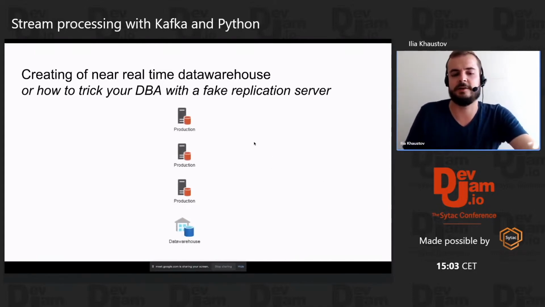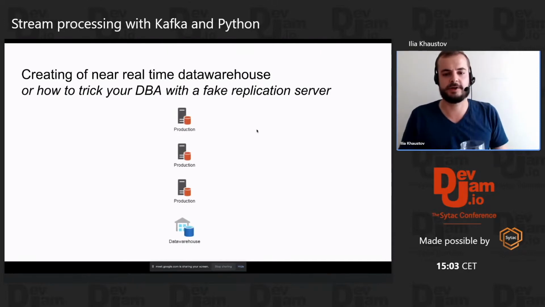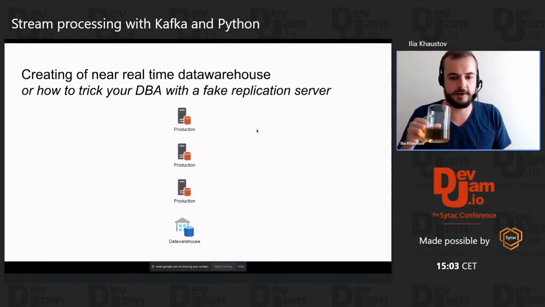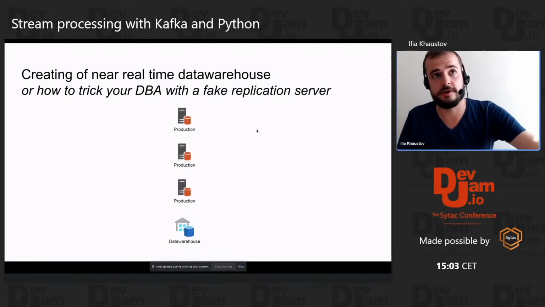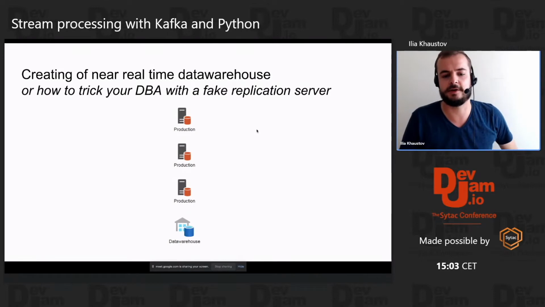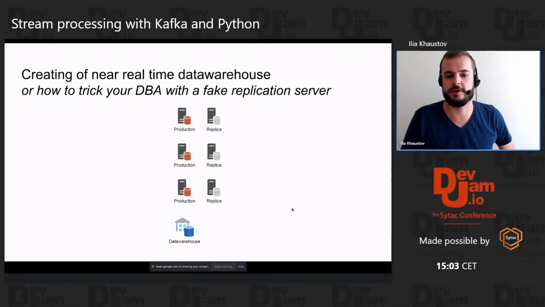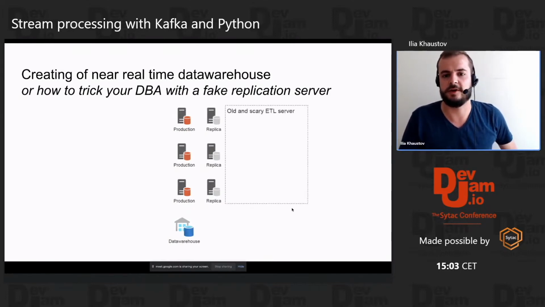So remember this company, it had some production databases, it had a data warehouse, and they figured out how to actually provide the data warehouse with data, and they did it, of course, by adding replicas to the production databases, and then creating a node.